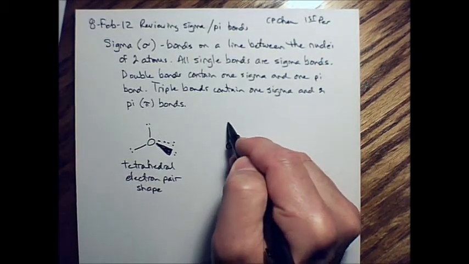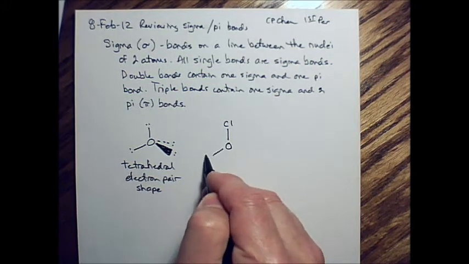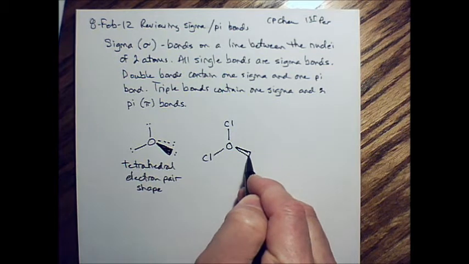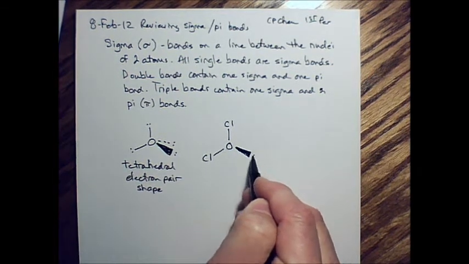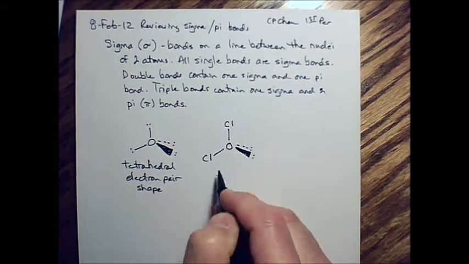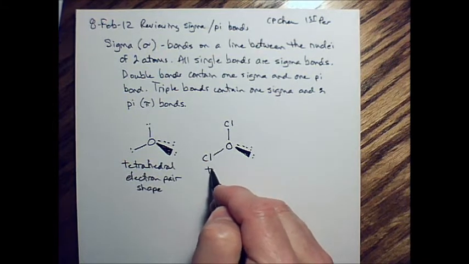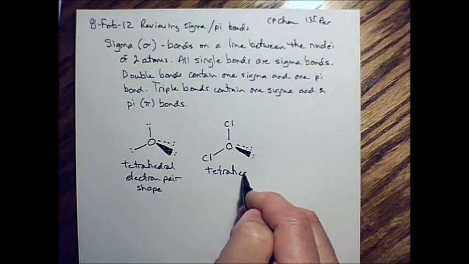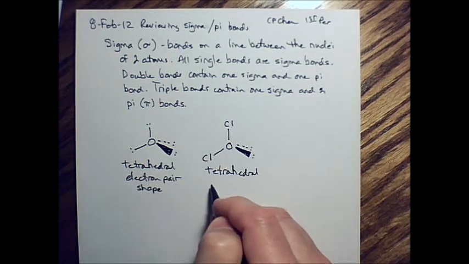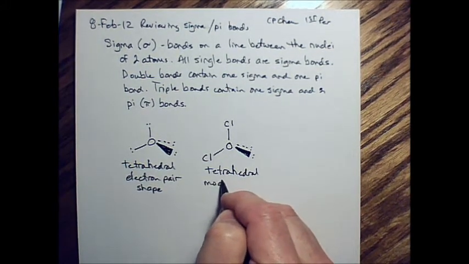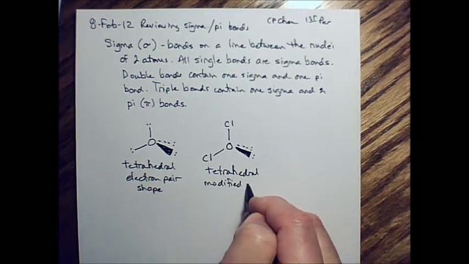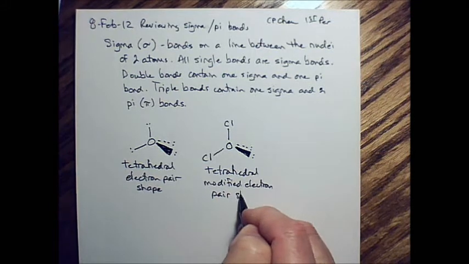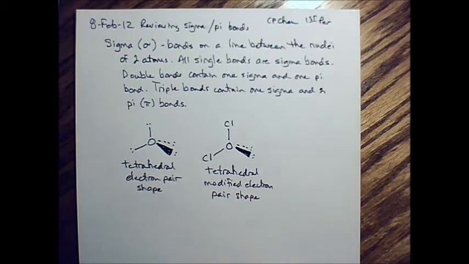I'm just going to go ahead and put them on there for right now, since this is more review than it is primary instruction. And we end up with the 2 lone pairs over here, and this is still a tetrahedral because there are 4 arms equally spaced around the central atom, but this is a modified electron pair shape. Okay?